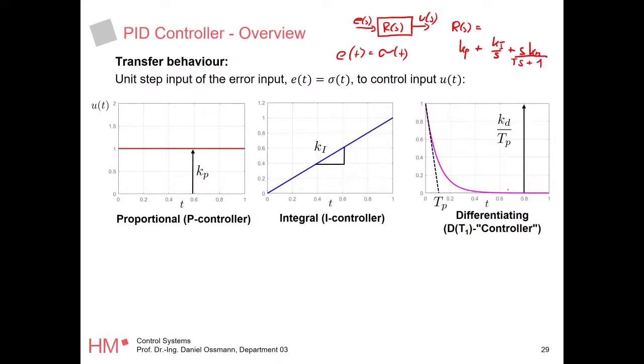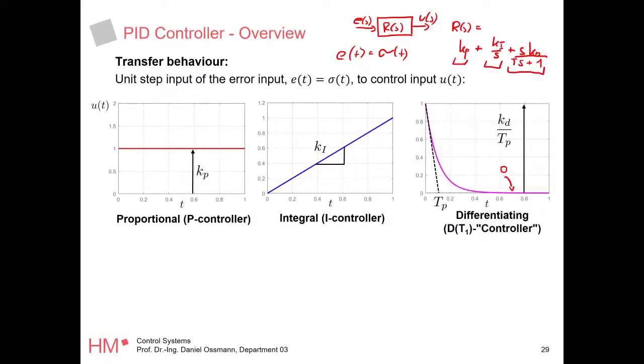Why does it go to 0? Well, it's a differentiating element. Our input is constant after the initial time, and when you build the derivative of a constant, it gets to 0, right? So this is how a PID controller behaves. Well, let's say the elements of a PID controller behave.